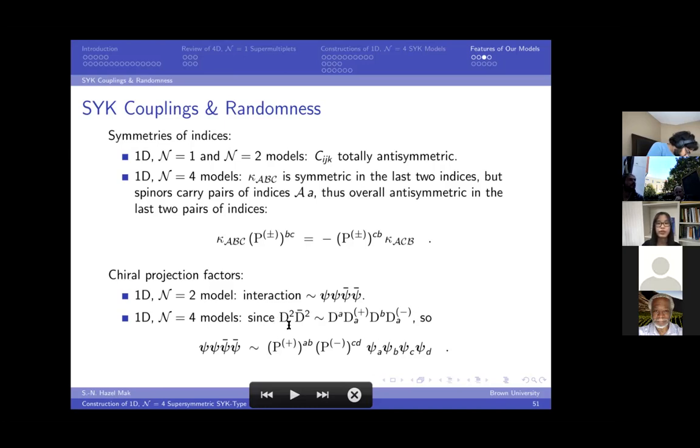So let's say this is a translation between 2 components and 4 components notation, for n equals 1. D square will contain 1 P plus and D bar square will contain 1 P minus. So if you look at these index contractions, if you throw the P plus here, this will be psi, and then throw this P minus here, this will be psi bar. So this is analogous to it.